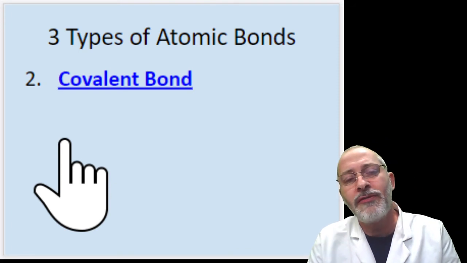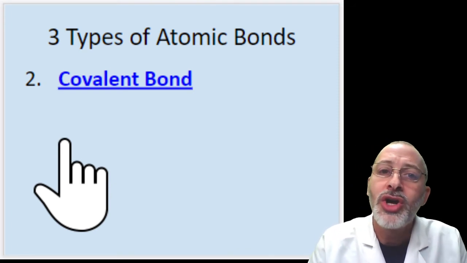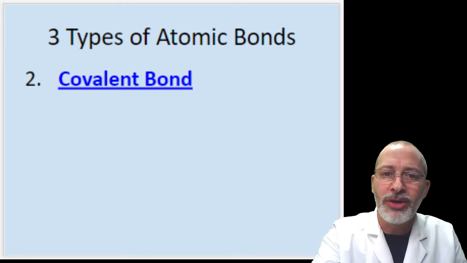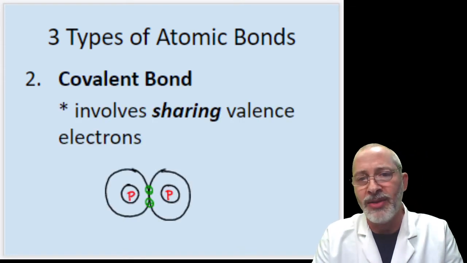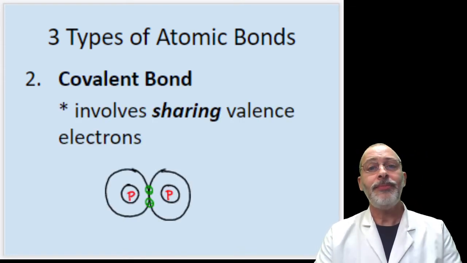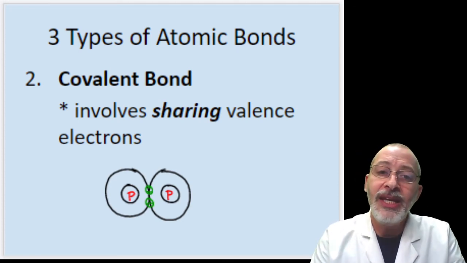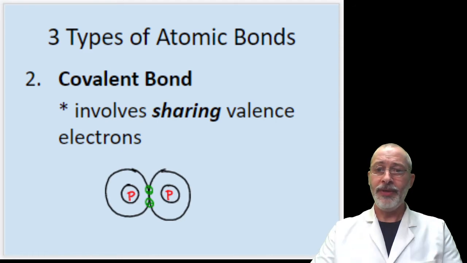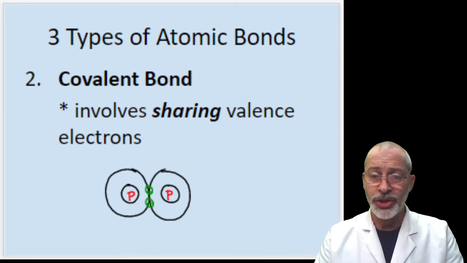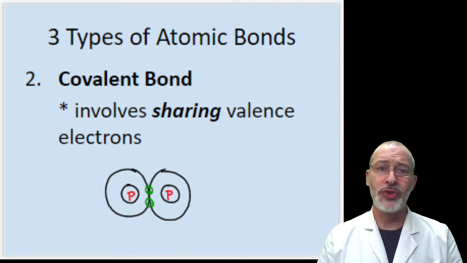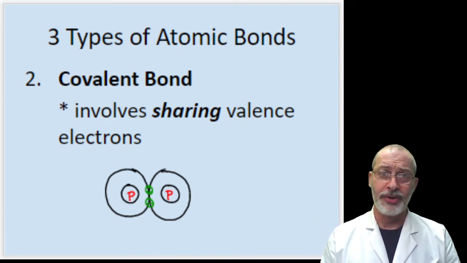So when you think of covalent, think of cooperate, working together, because covalent bonds involve a sharing of valence electrons. They are shared between two atoms, and that sharing is what holds them together.